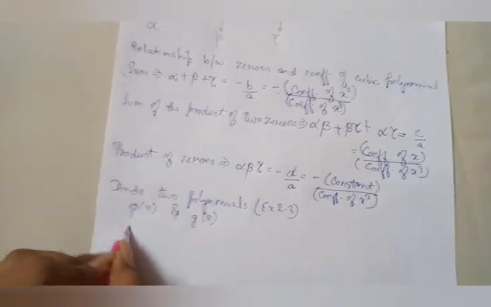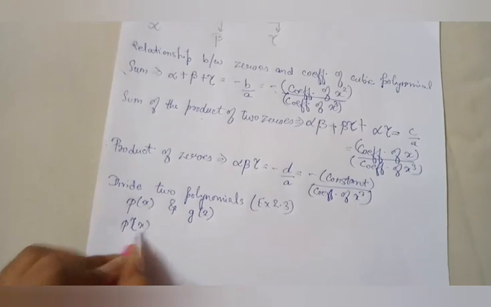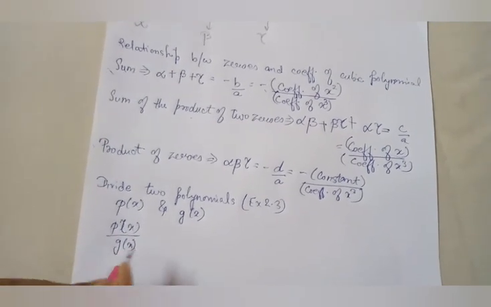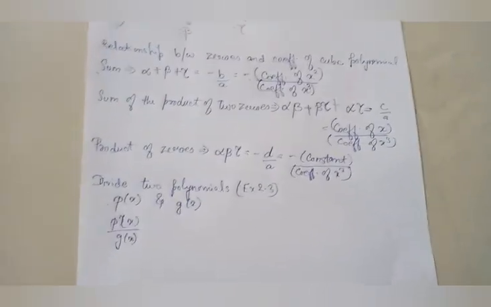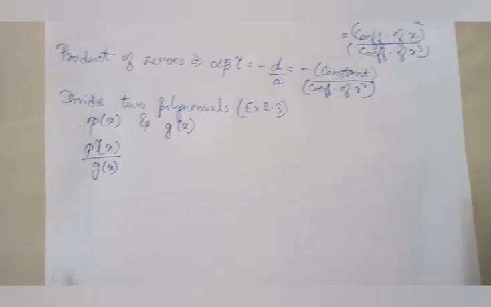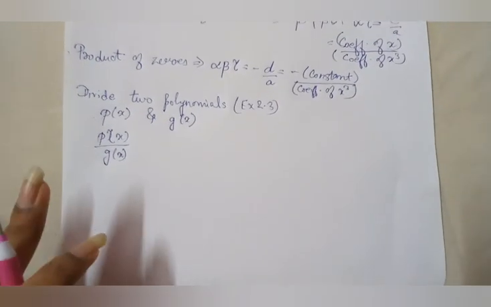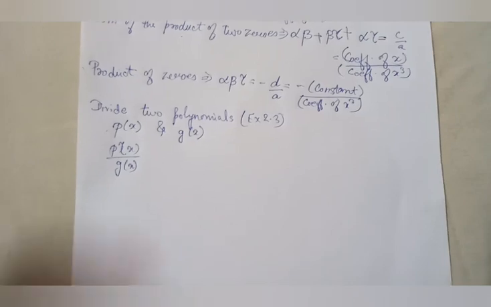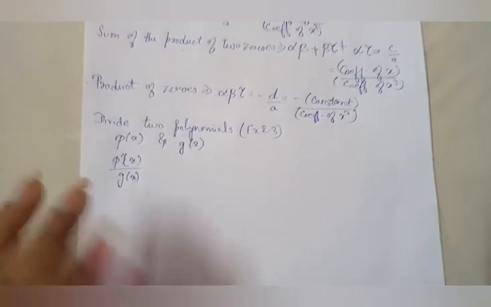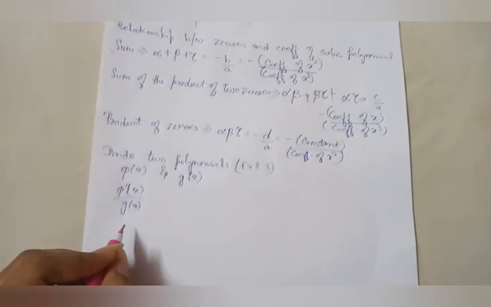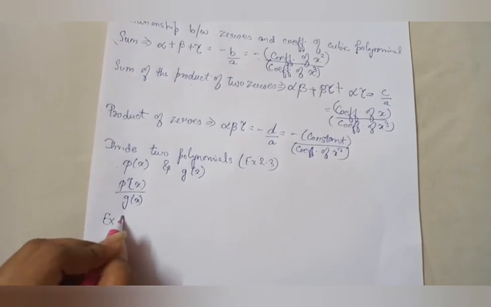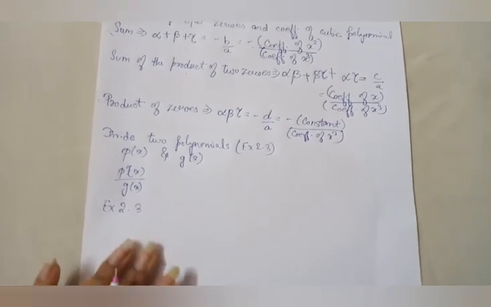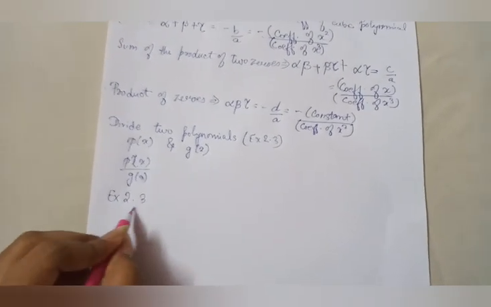We need to divide px by gx. We'll learn how to divide a polynomial by a polynomial, and for that we'll take an example from the exercise sums. So let's get started with the exercise, and you will learn too.